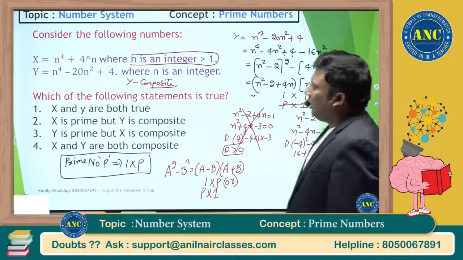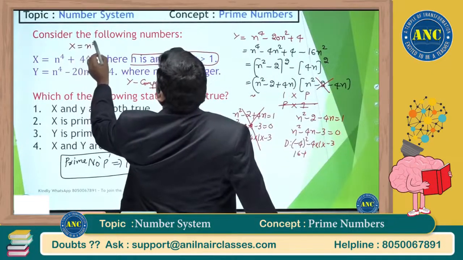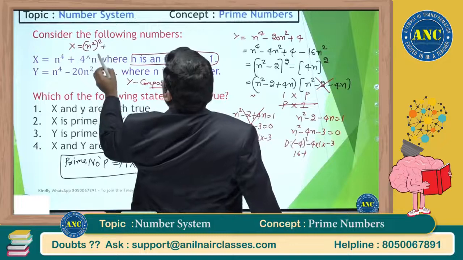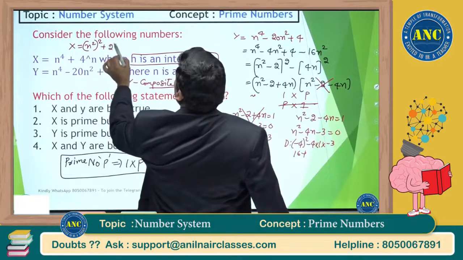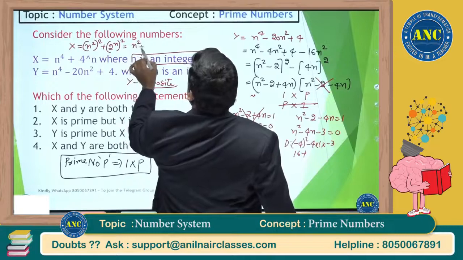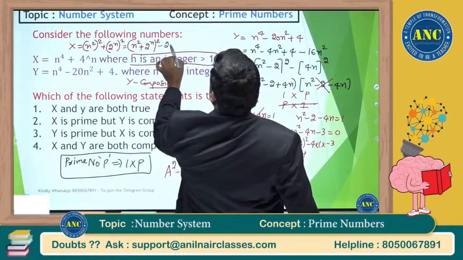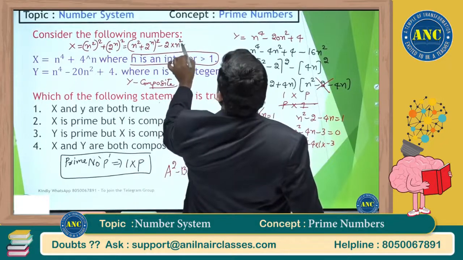So similarly, x equivalent to n power 4, which is n square whole square, plus 4 power n, which is 2 power n whole square. A square plus b square is (a plus b) whole square minus 2ab.